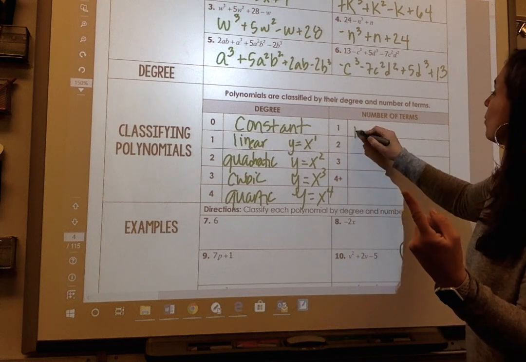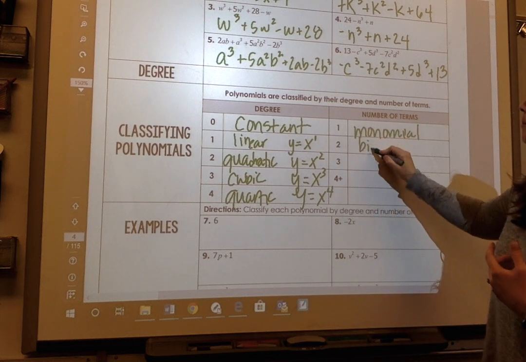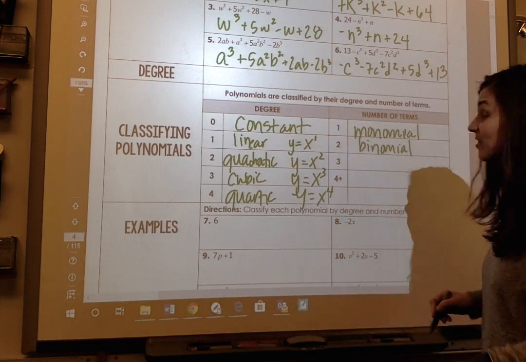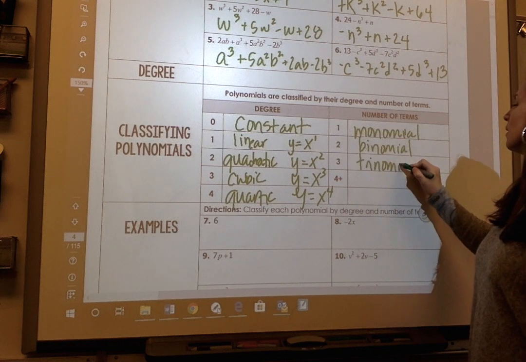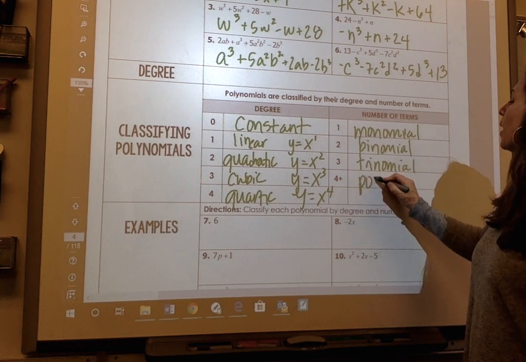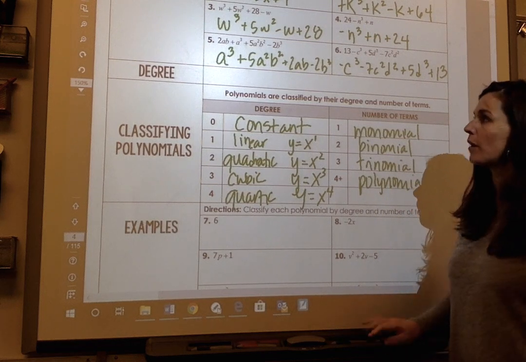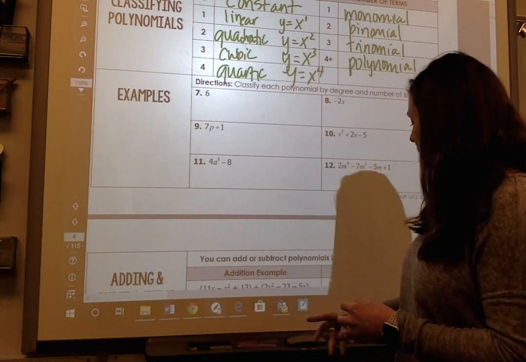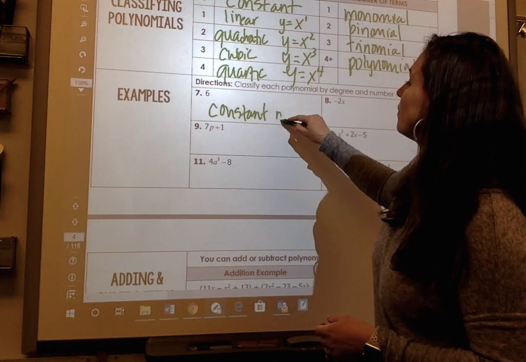When it's one term, it's a monomial. When it's two terms, it's a binomial. See, this is where your Latin comes in handy, even though it's a dead language. 3 is a trinomial. And 4 is the polynomial. That's 4 and up, we refer to as polynomial. So if I asked you to name these real quick, this would be a constant monomial.